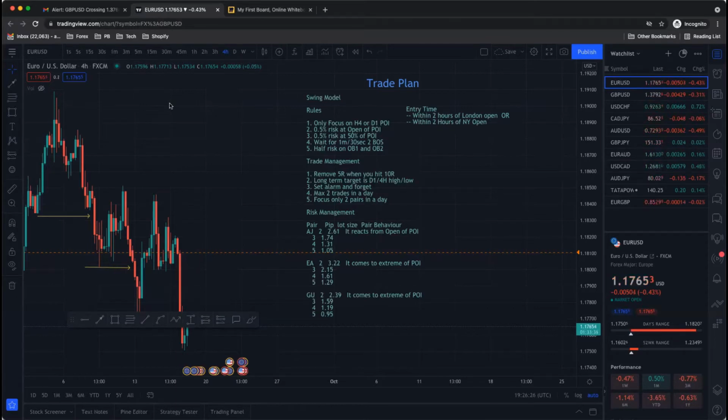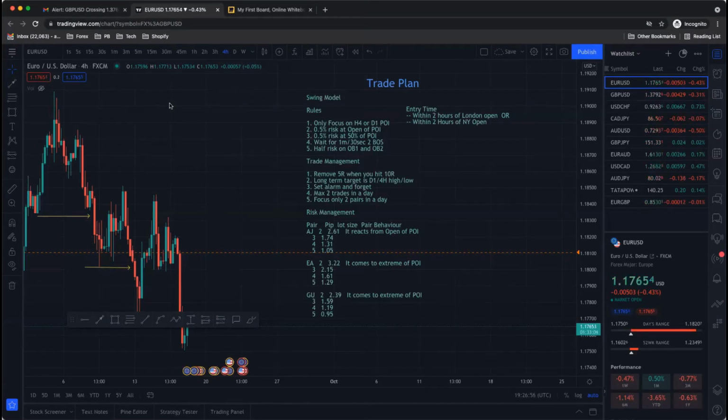You're going to refine it to the 1 hour and trade there with a confirmation entry. I'll talk about how you're going to see these things. Let's say you put 0.5% risk at the open of the order block and 0.5% risk at the 50% of the POI.